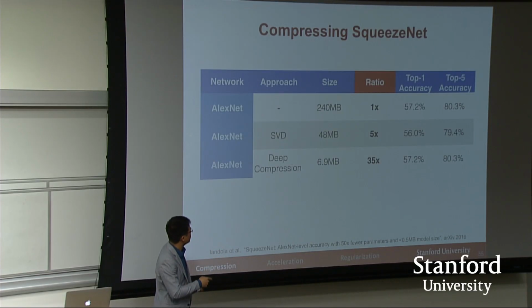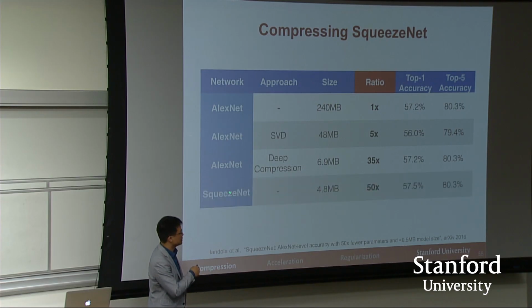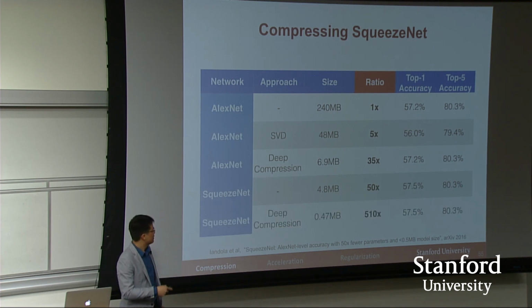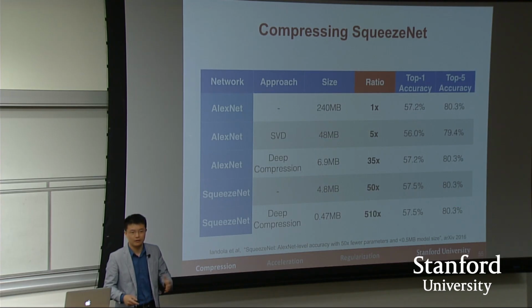This is AlexNet after compression. This is SqueezeNet. Even before compression, it's 50x smaller than AlexNet but has the same accuracy. After compression, 510x smaller, but the same accuracy, only less than half a megabyte.